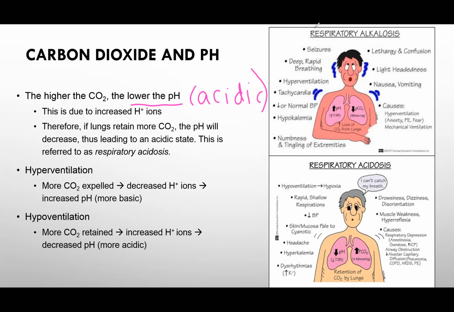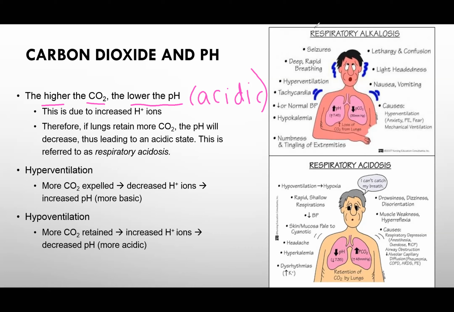So high CO2 makes our blood acidic. Therefore, if the lungs retain more CO2, the pH decreases, leading to an acidic state, and this is called respiratory acidosis.